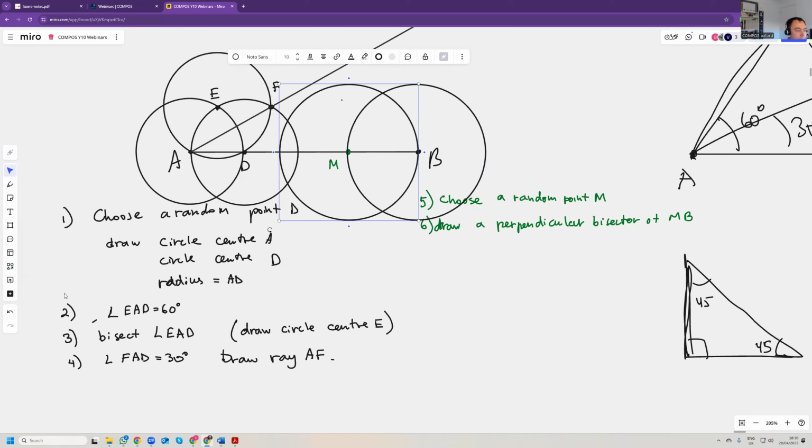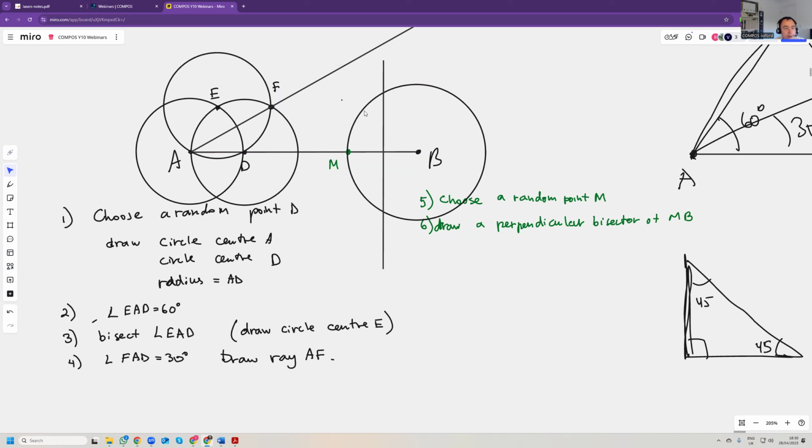So draw two circles, draw a straight line going through the two points. You can delete the construction circles, and then find the midpoint. Step 7. Let's call it N. N is the midpoint.